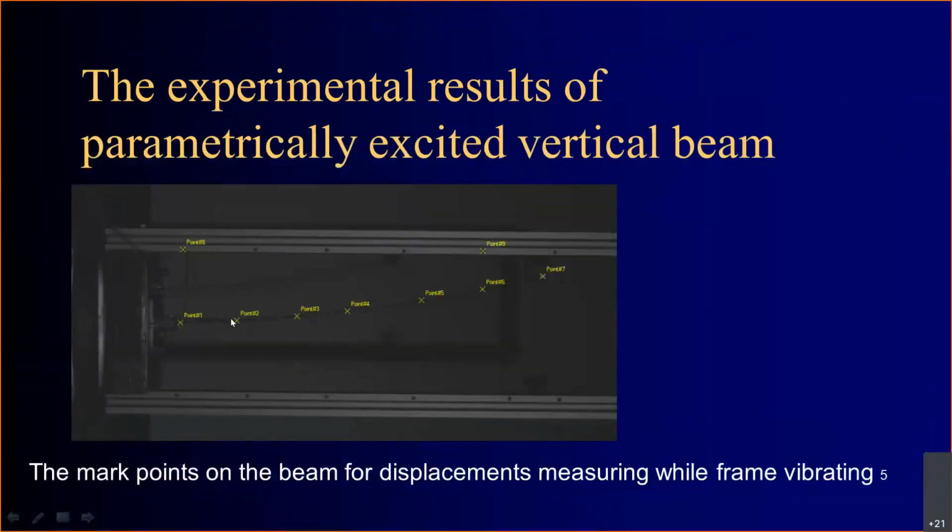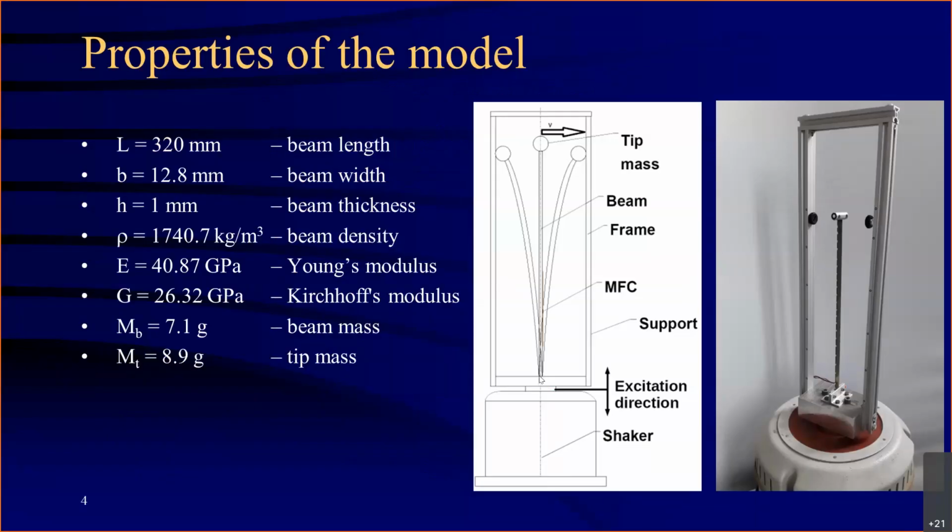Okay, so maybe we have to go back here. The structure operated at the parametric resonance since the excitation of the support was in the vertical direction. As is given here, the excitation was in the vertical direction, where the beam axis was situated parallel to this direction of excitation.